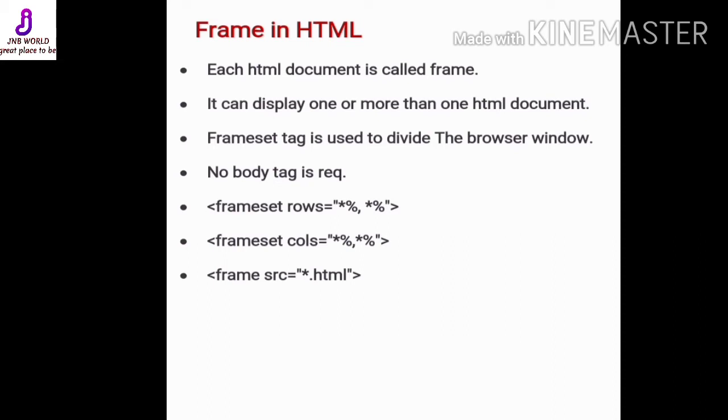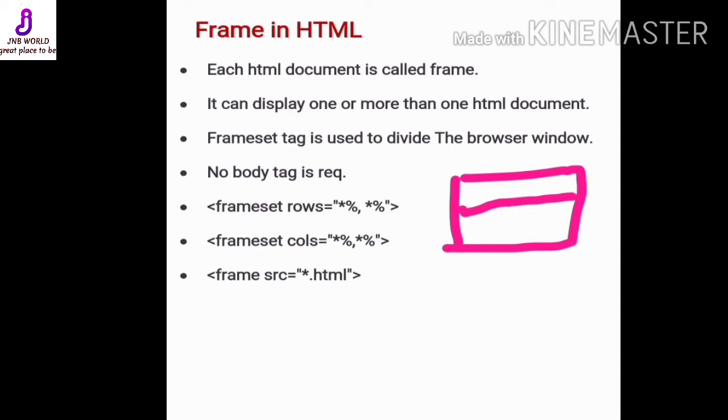Next, see here, frameset rows and frameset columns. I already told you it can divide the window row-wise or column-wise. Say this is a window; it can divide the window row-wise, or it can divide the window column-wise.